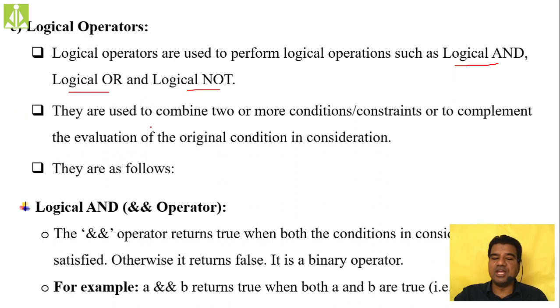In order to combine two or more conditions, which complement the evaluation of an original condition. Also, if you simply want to reverse the outcome of a relational expression, then also we use the logical operator. They are as follows.